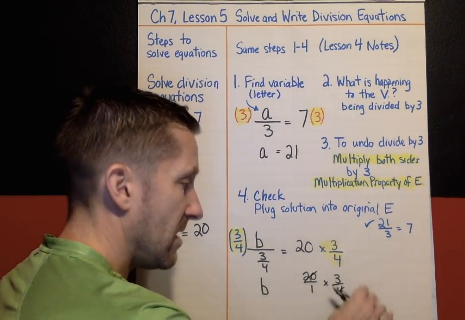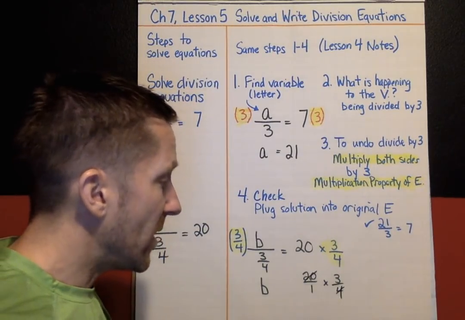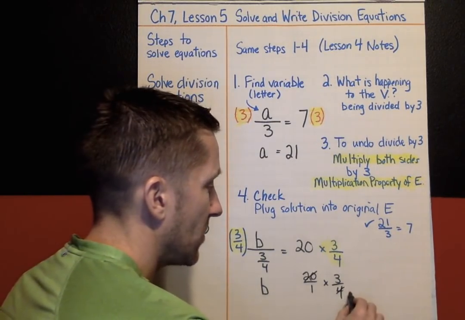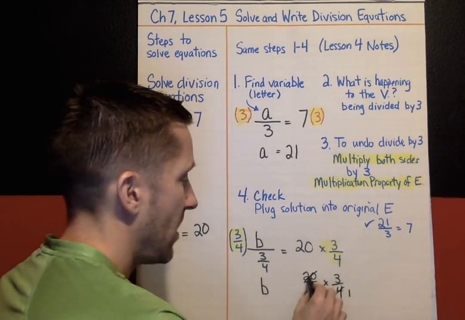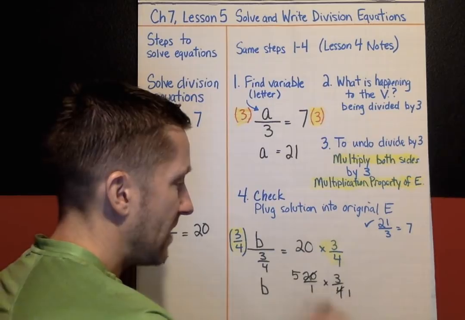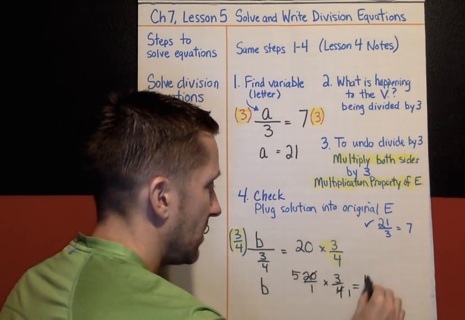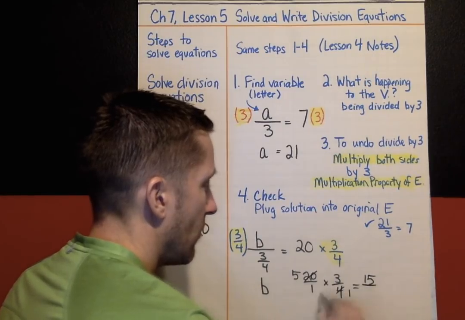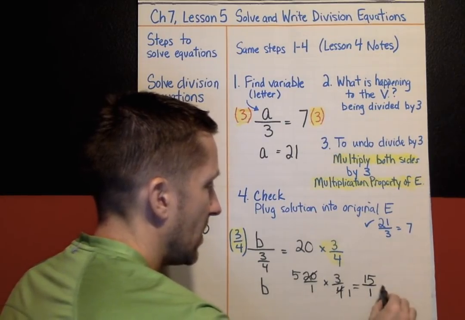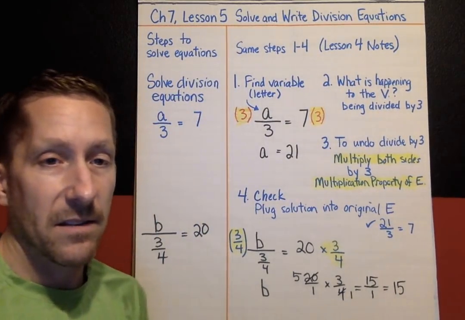And again, you need a number on the bottom and a number on the top. You need a denominator and a numerator to simplify. How many 4s go into 4? 1. How many 4s go into 20? 5. Now I've got some easier numbers to work with. I've got 5 times 3 is 15. Over 1 times 1 is 1. So my answer, or at least I believe my answer, is 15.